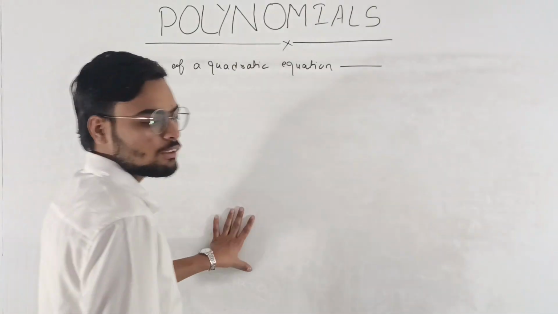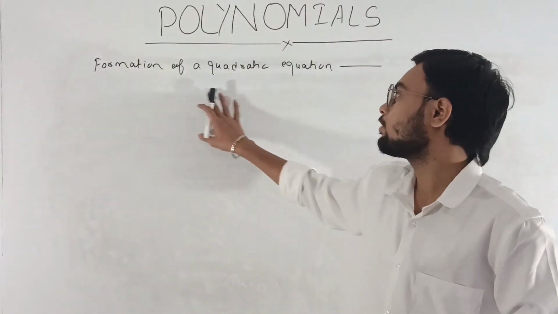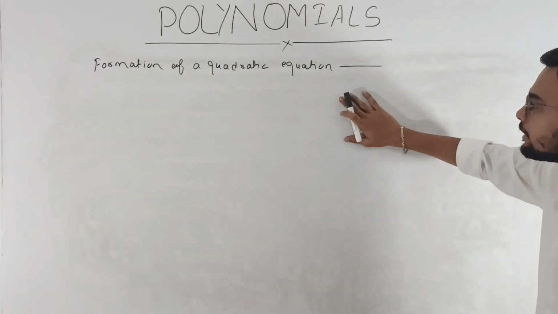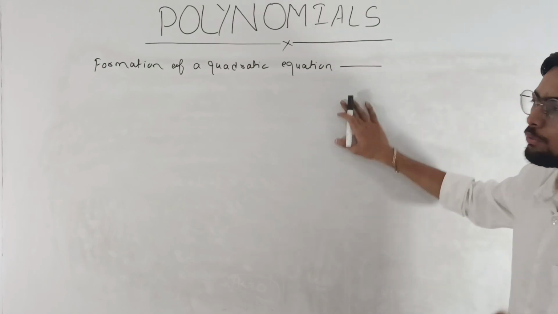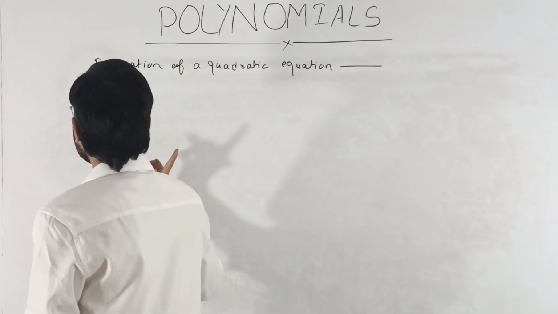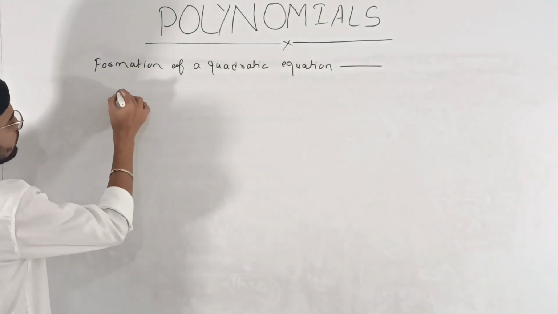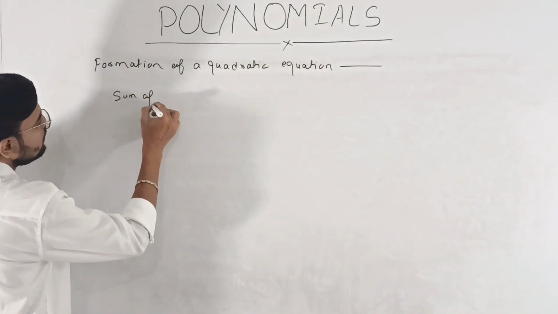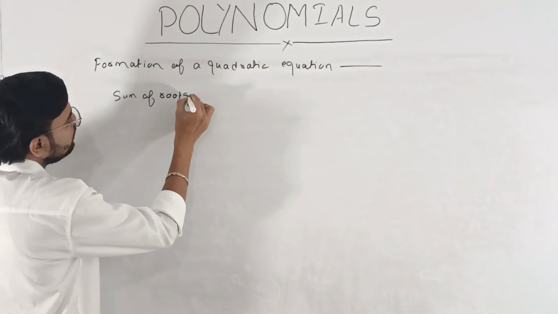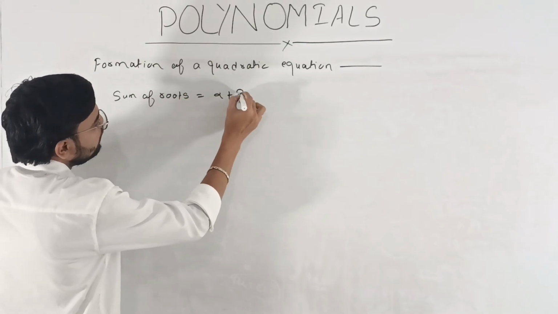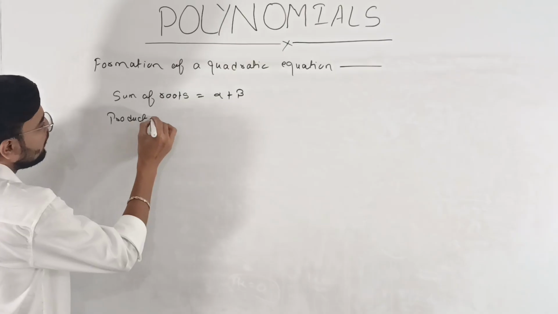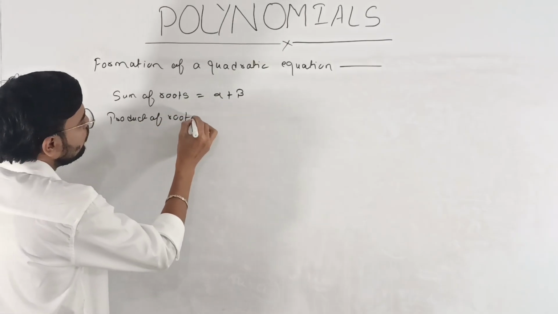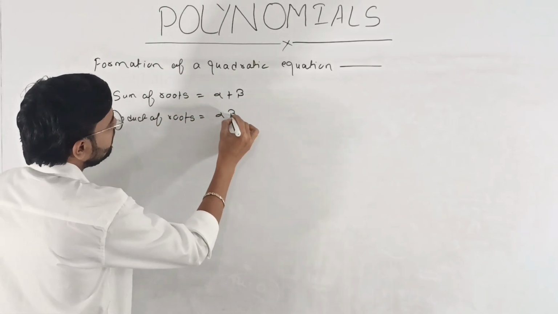Okay, now let's move towards our next topic, that is formation of a quadratic equation. For this formation we need two things. First is the sum of roots, and second is the product of roots, which are alpha plus beta, and alpha beta.